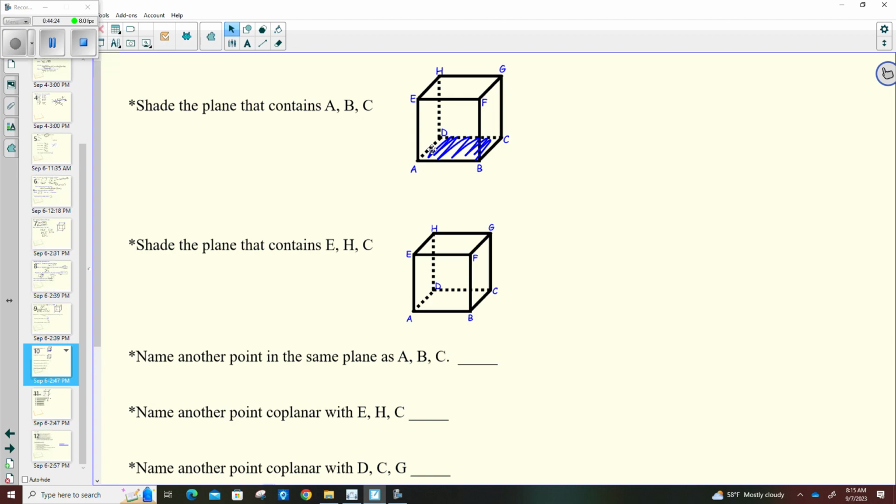Now you're on that next cube down, so the third cube on the page, you're going to shade the plane that contains E, H, and C. E, H, and C. Third cube on the paper.